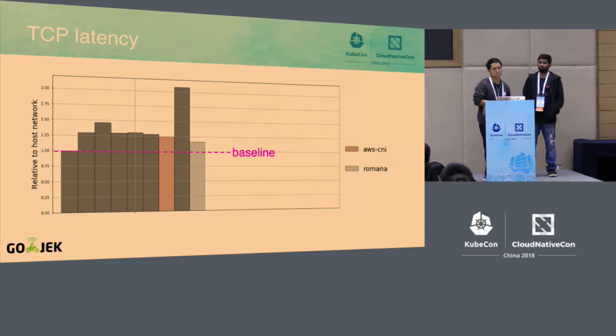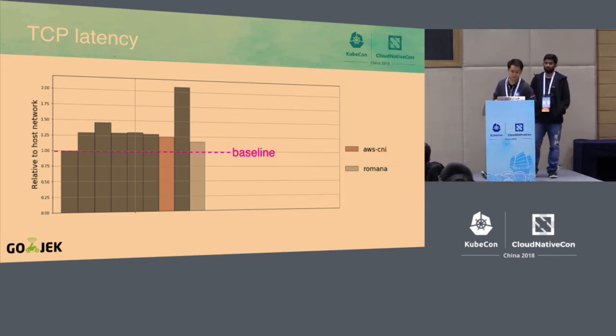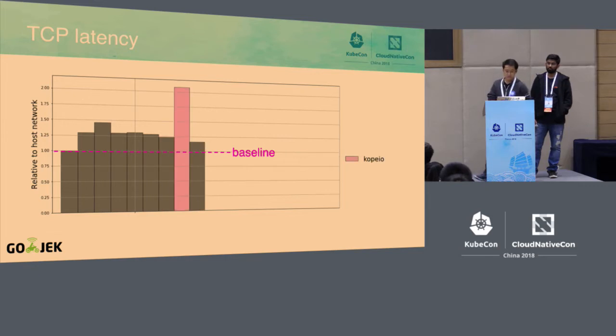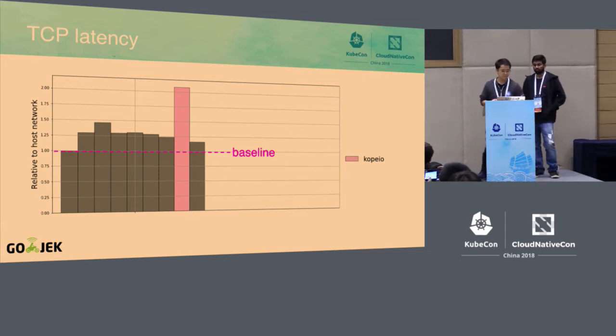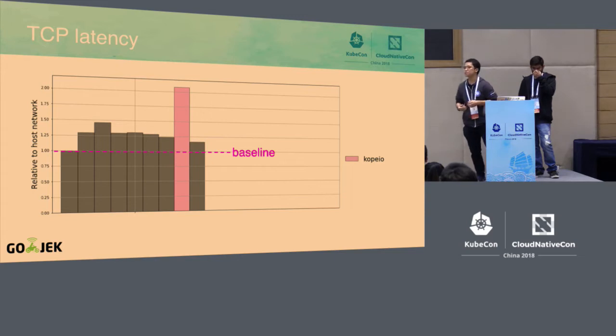That's how the packets are relatively faster to travel compared to the other CNI plugins. For Kope.io, the latency is doubled at least compared to the baseline. We haven't conducted a detailed analysis yet, so if you want to help us, please come meet us.